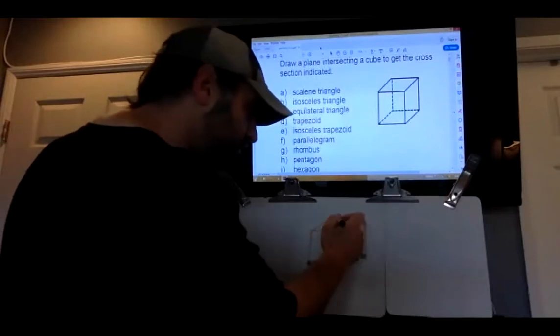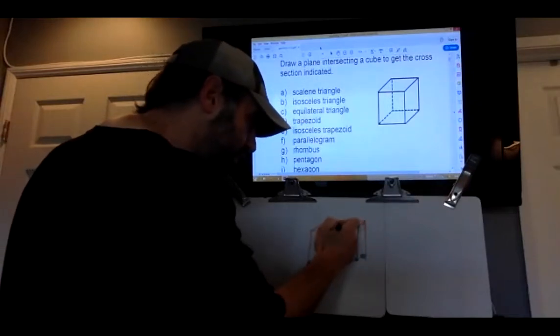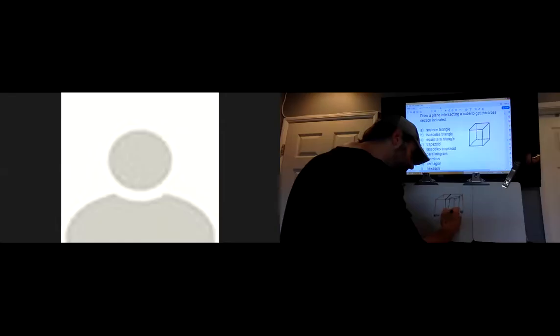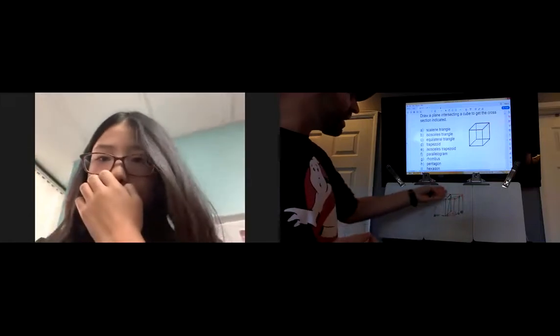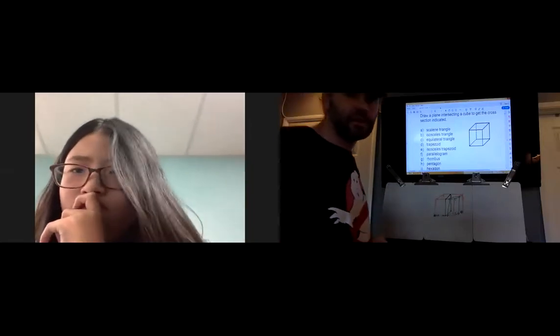So instead of angling towards the corner like the green one, make it parallel to one of the faces. So just a true, straight up cross section.